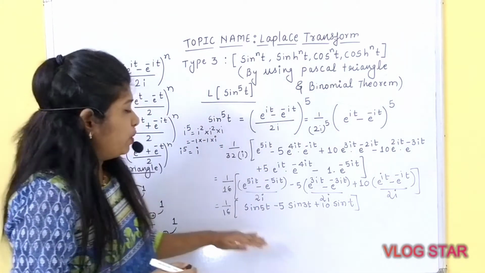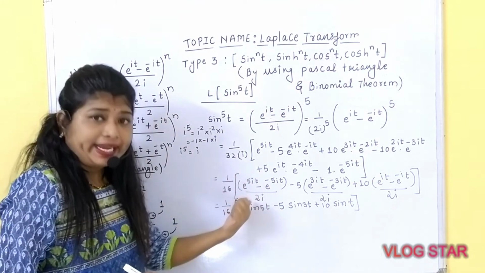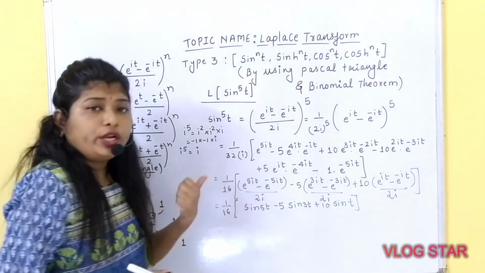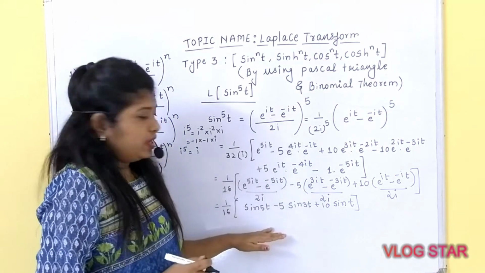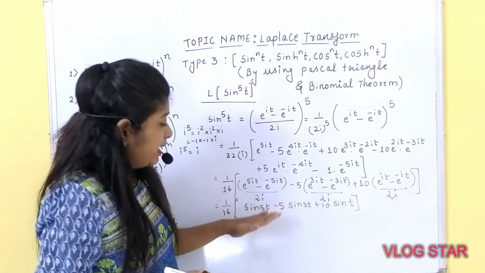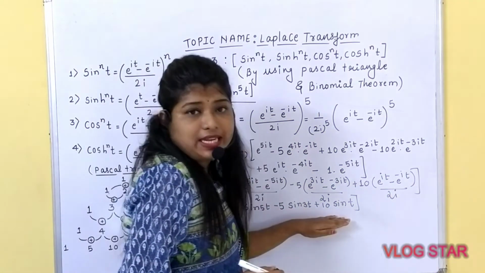By which formula do you get this step? (e raised to i theta minus e raised to minus i theta) upon 2i is equal to sin theta. In this case, the theta value is 5t. So you will get sin 5t minus 5 sin 3t plus 10 sin t.